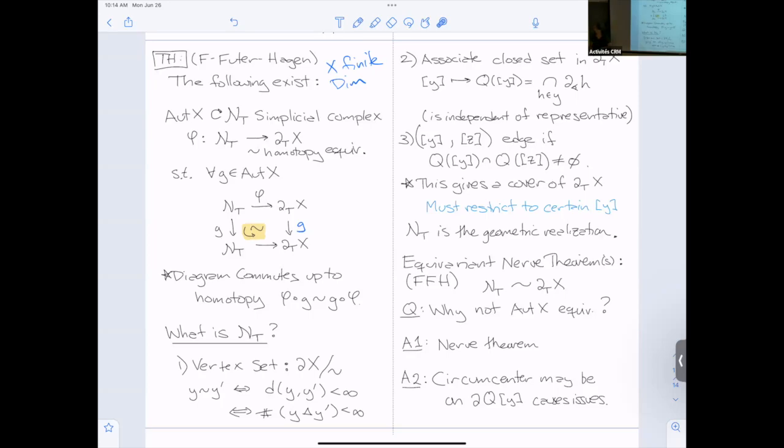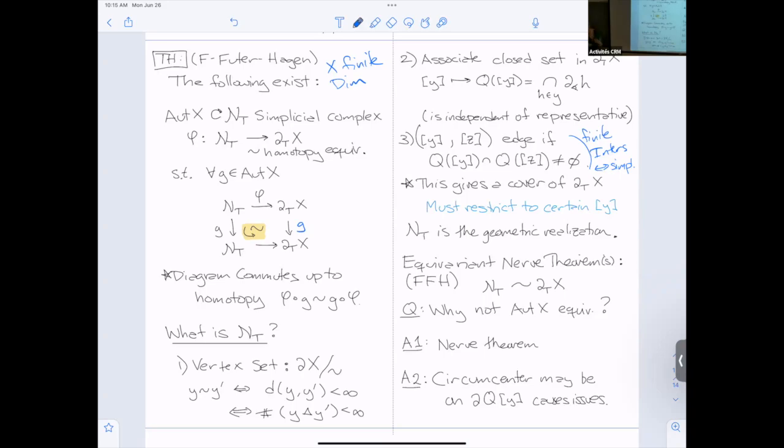So that's the standard construction: finite intersections give the simplices, where if I have n distinct things with a non-trivial intersection, it gives me an (n-1)-simplex. So these give an open cover of the Tits boundary.